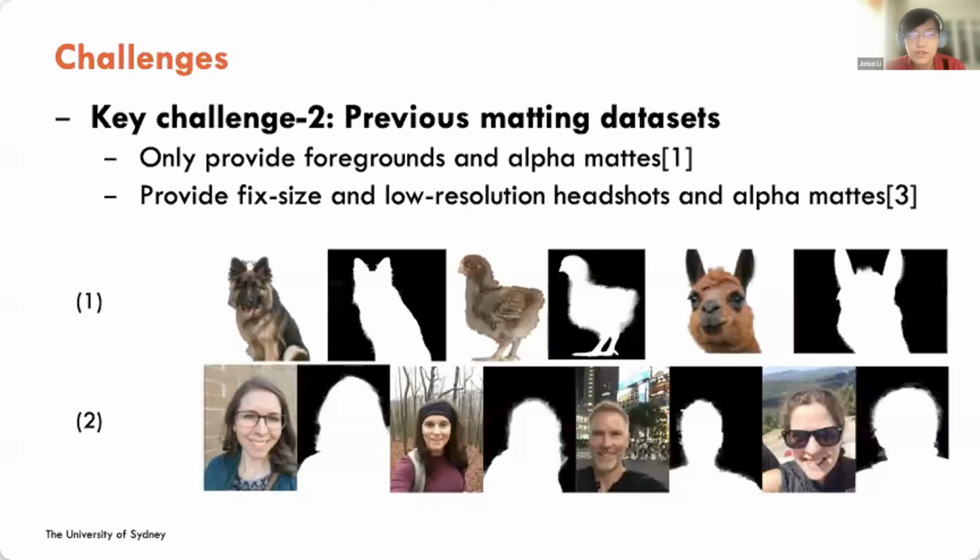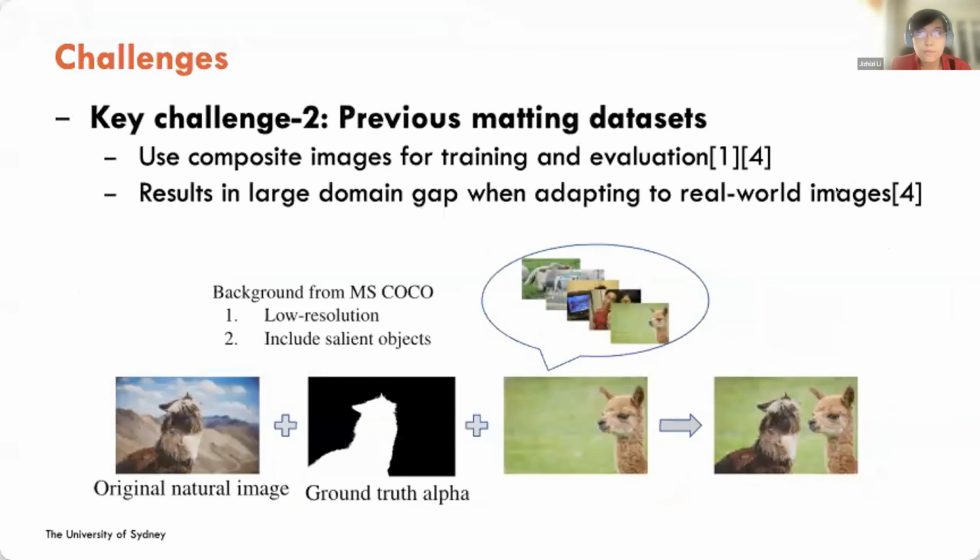Some researchers only provide fixed-size, low-resolution headshots and alpha mattes, which are not of very high quality. So researchers always use composite images for training and evaluation, and then there is a very large domain gap when adapting to real-world images, which is a very big problem.